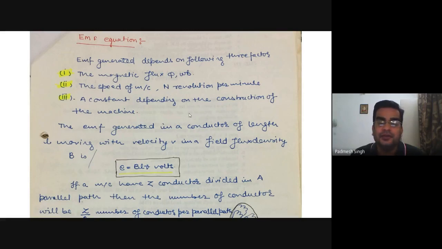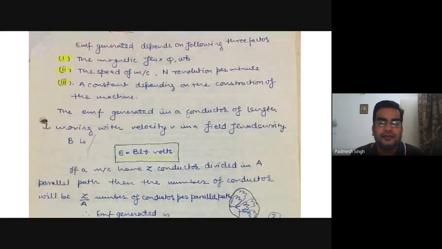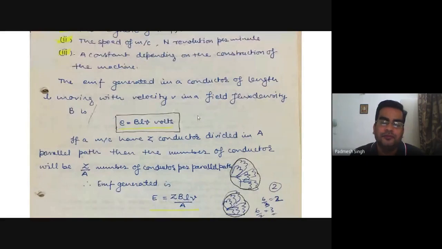So let us start with the EMF equation. Let us first consider a single conductor of length small l, moving with velocity small v in a field of flux density capital B. Then it will induce an EMF in it, and that EMF will be given as E equals BLV.